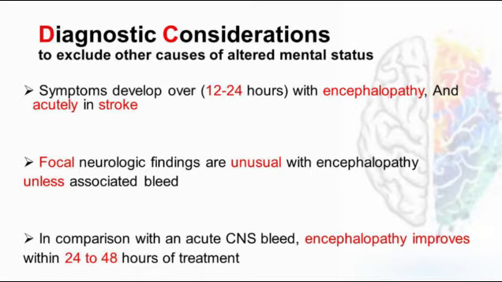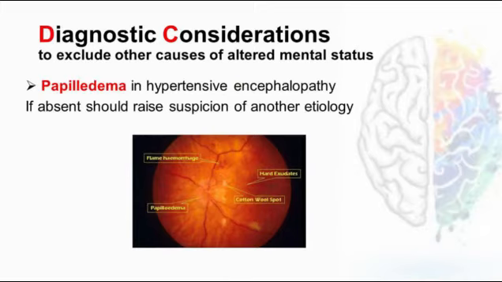In comparison with an acute CNS bleed, encephalopathy improves within 1 to 2 days of treatment, and the symptoms develop over 12 hours to 1 day. So it takes a long time to develop. Also, papilledema is a manifestation of hypertensive encephalopathy. If absent, it should raise the suspicion of another etiology.